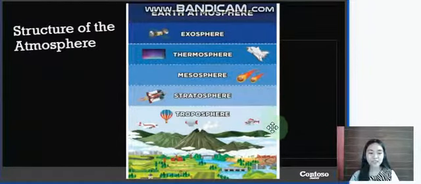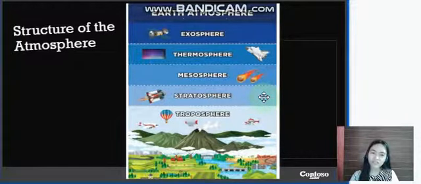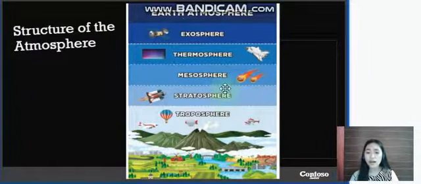Above the troposphere, we have the stratosphere, which we visit occasionally when we travel by jet plane. And then we also have several layers that we are less familiar with. So let's try to discuss it in detail.